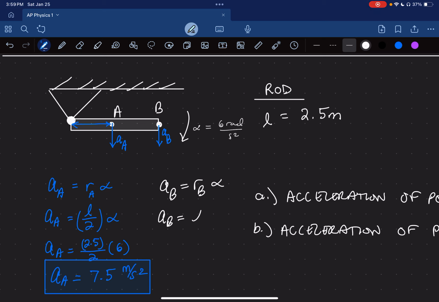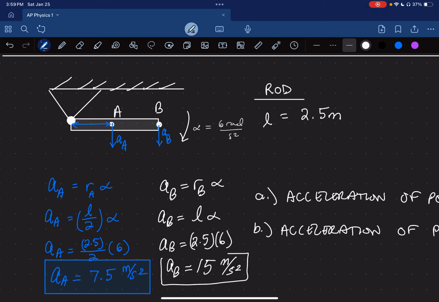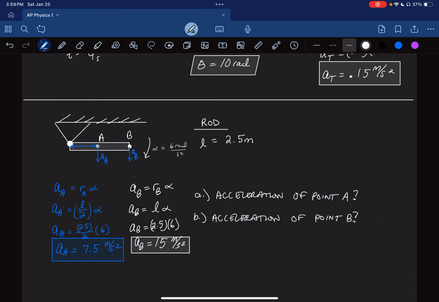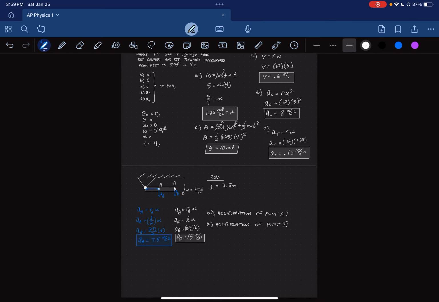The distance to B is the length, which is 2.5 times 6, which is 15. And there it is.